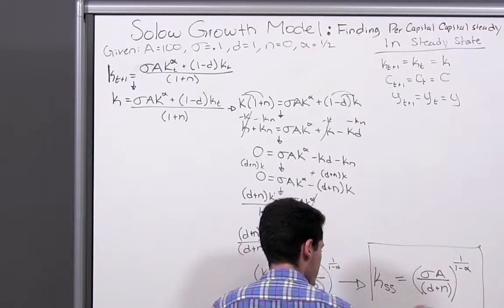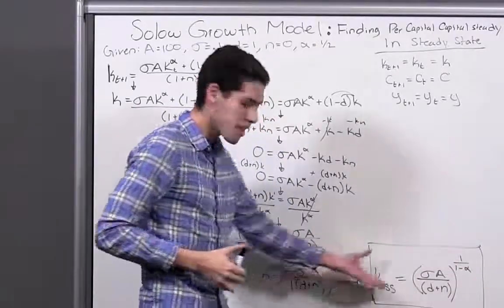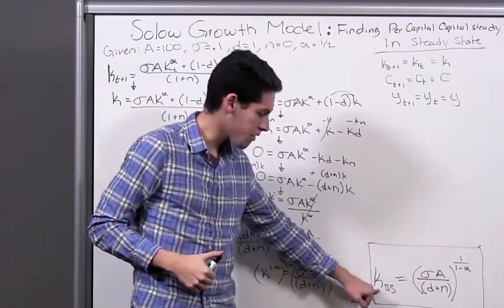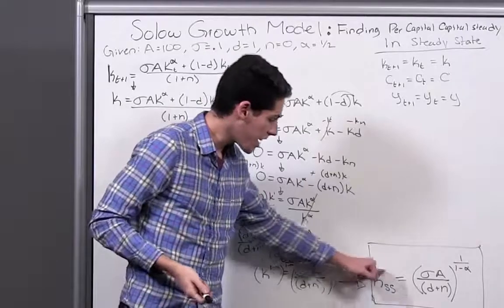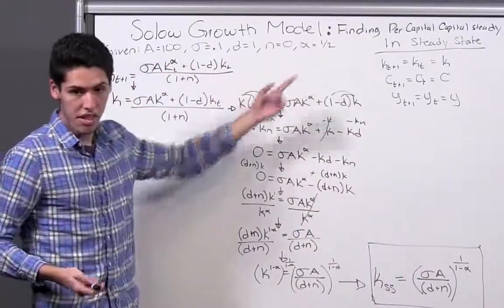This function can help tell us what the steady state level of per capita capital will be as a function of all the parameters we were given in the previous problem.